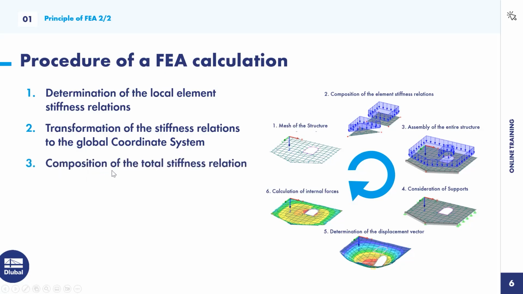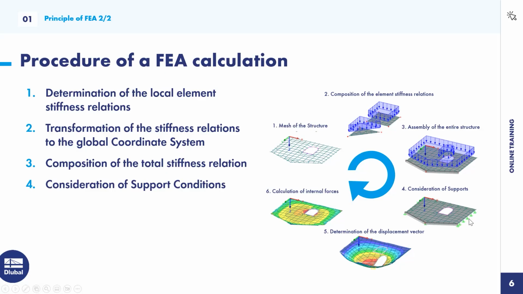So let's go. Now we have the total stiffness matrix K. And in the next step, we will use our support conditions. We can see it there. And use it within the displacement vector. So, for example, for this edge of the slab, we have a line support.